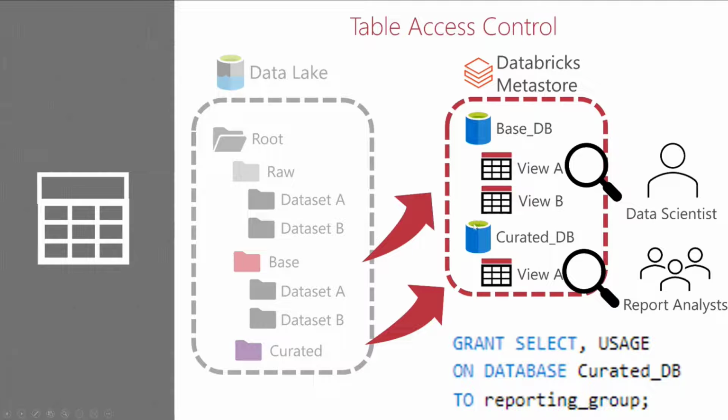Using a grant statement such as this allows a reporting group, as I called it, to have just select access to a curated data set, although permissions for greater control are also available. If there is ever a requirement to view access granted to a database, table or view, that can be achieved by simply using a show grant statement.